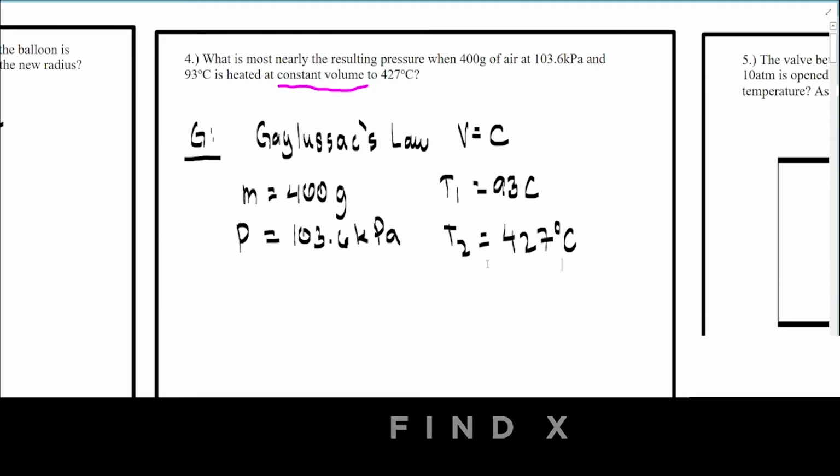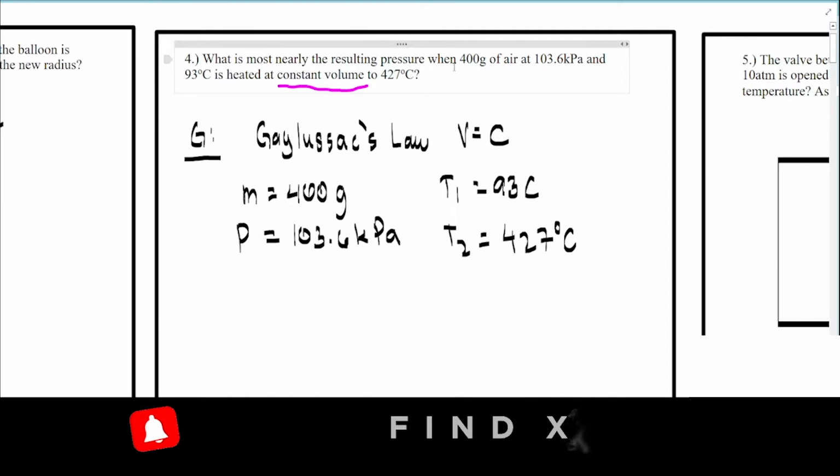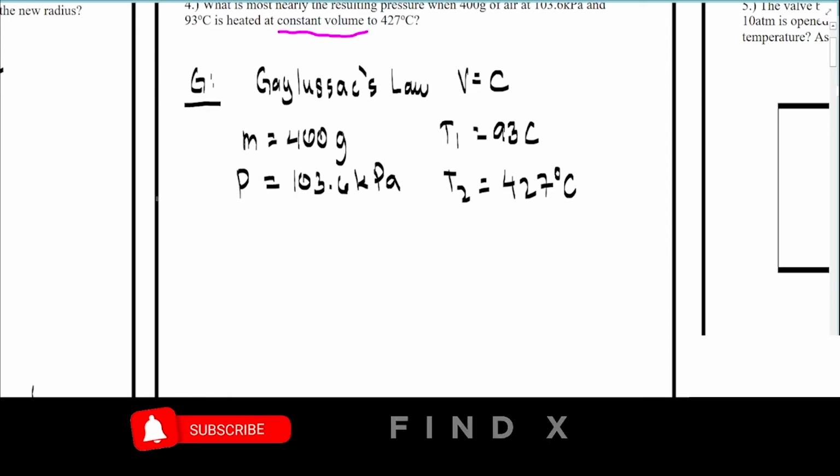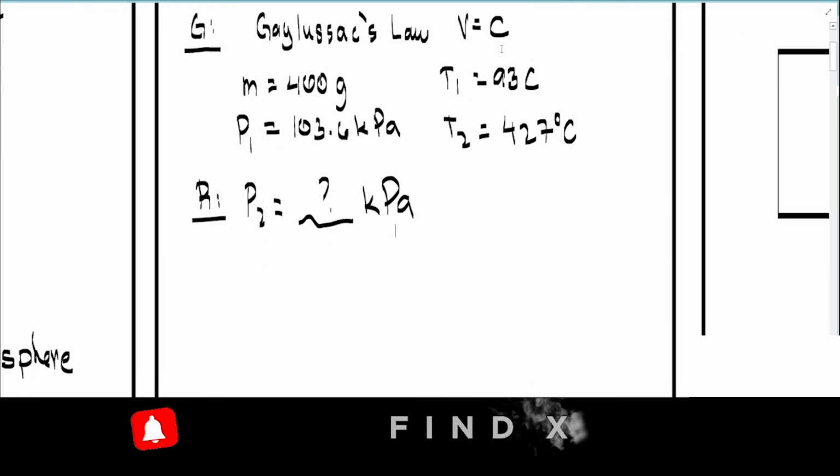So remember that it's not yet in absolute temperature, so we have to convert those in Kelvin. Okay, so what is required? We are required to find the resulting pressure, right? So we are required to find what? Of course, P2. Okay, P2. So it should be in kilopascal also because P1 is in kilopascal.